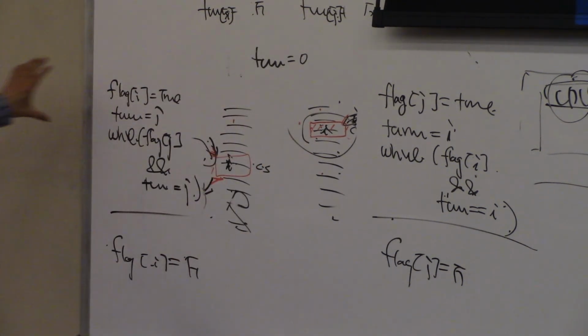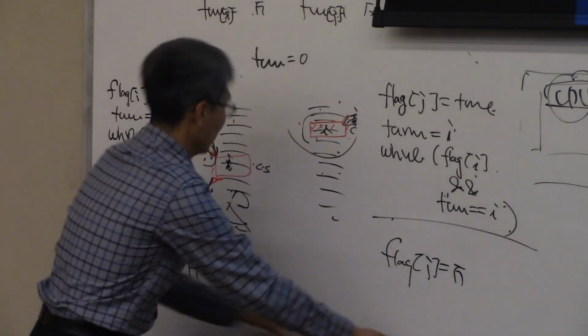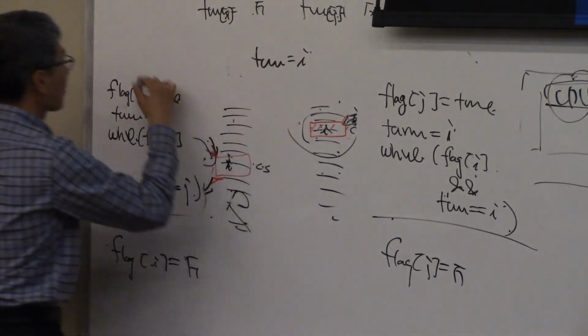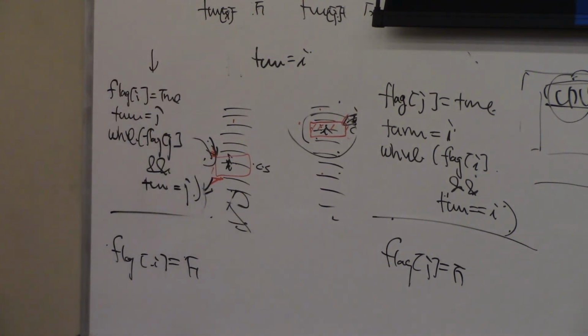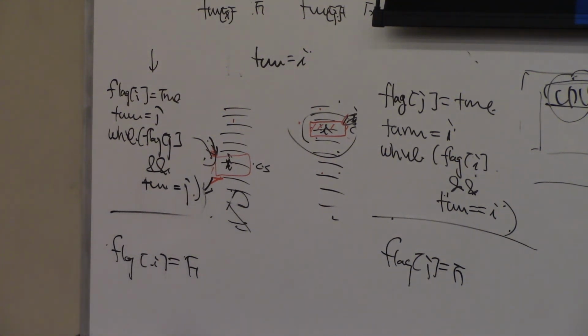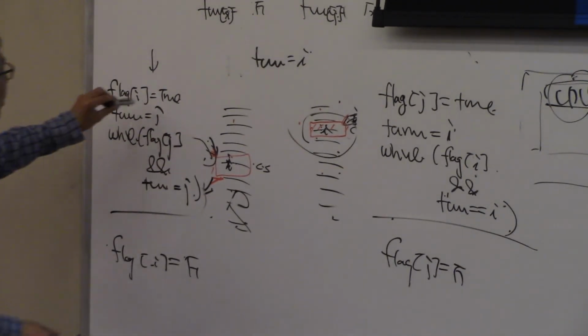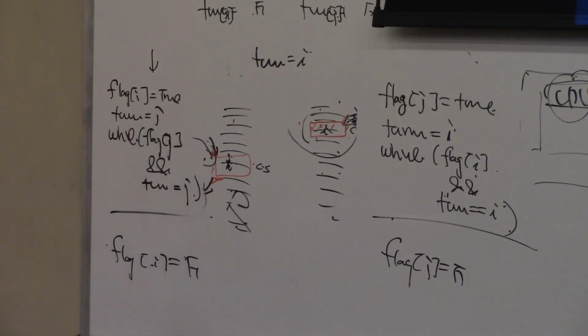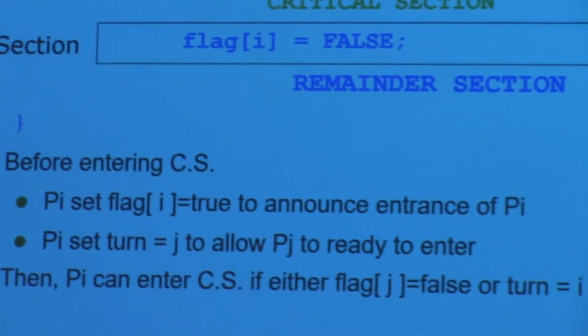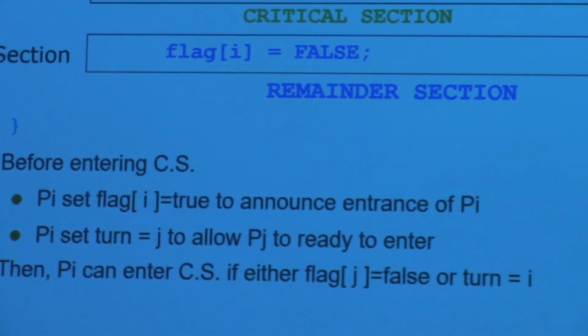So first, process I would like to enter the critical section. The flag I we are going to set to true, which means I'm going to enter the critical section. And whose turn? Because I'm in, maybe the next one will get the key. So change the turn value into J.